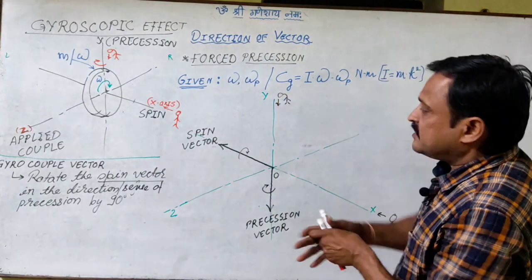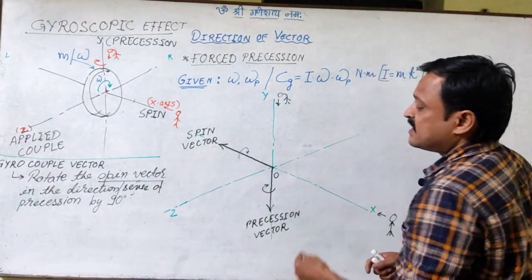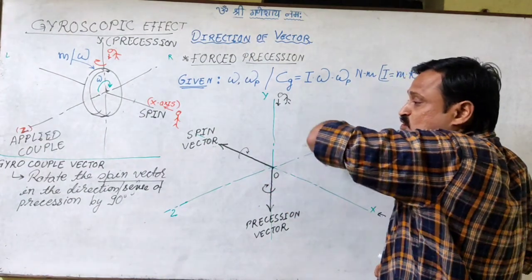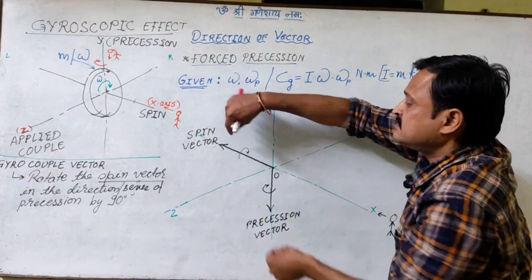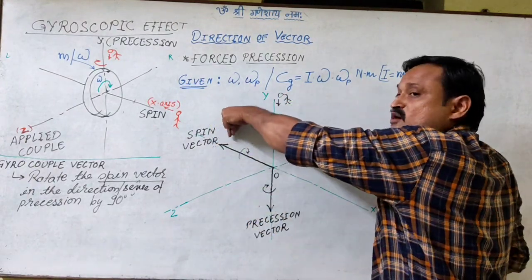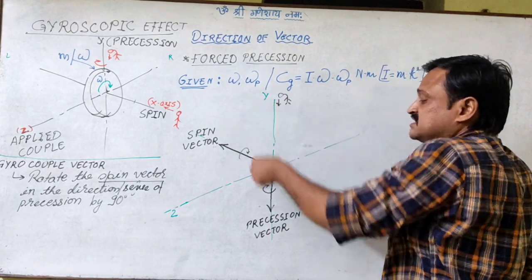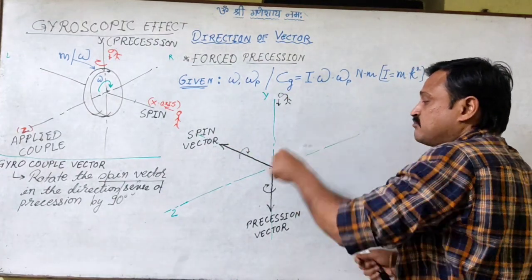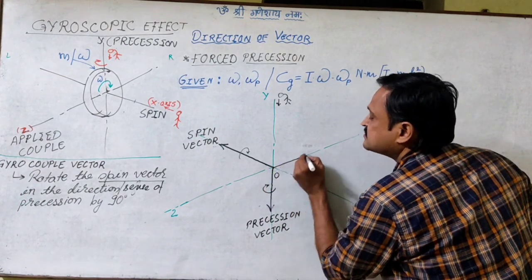I will hold the tip of the spin vector, and how is precession? Precession is clockwise. That means this is supposed to move to the right. So I will hold the tip of this vector and rotate it in the precession direction, which is clockwise, by 90 degrees so that it meets the z axis.